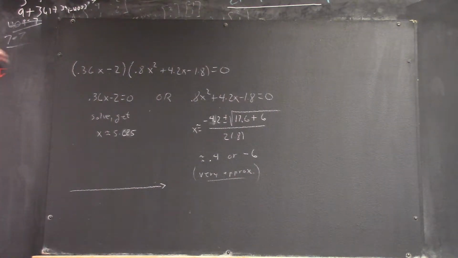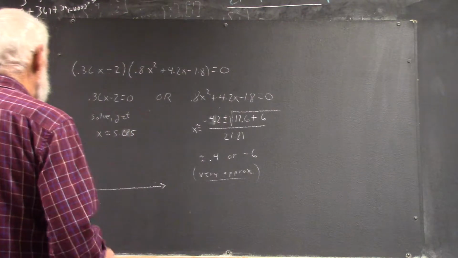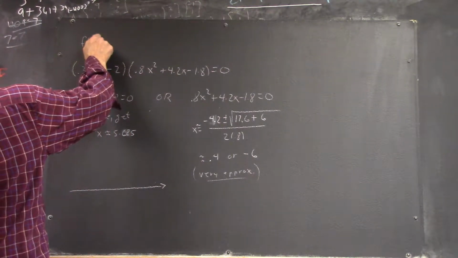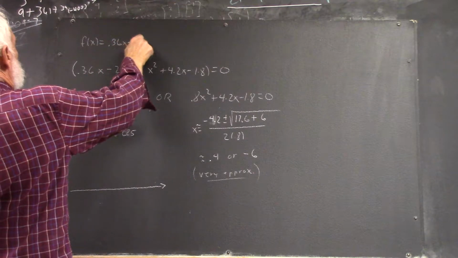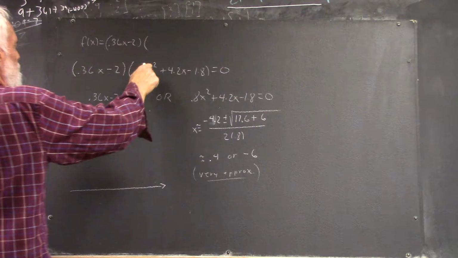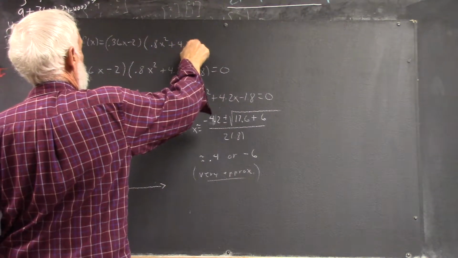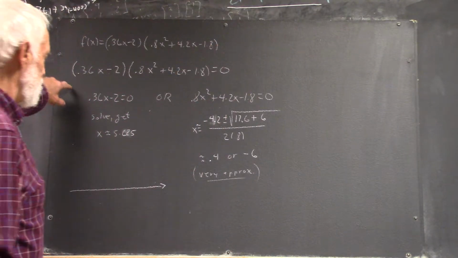if you try to graph this function. Okay? So let's say your problem was you start with f of x equals 0.36x minus 2 multiplied by 0.8x squared plus 4.2x minus 1.8. So here are your zeros.